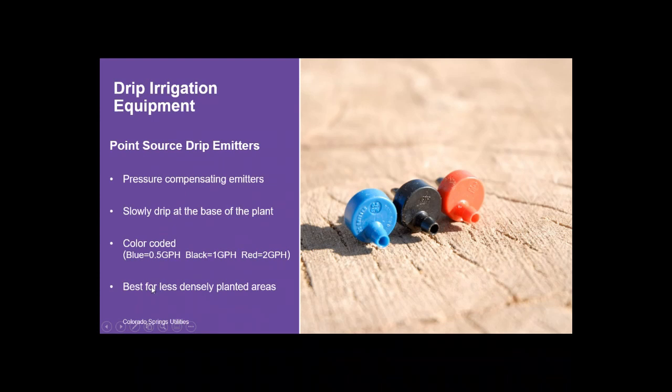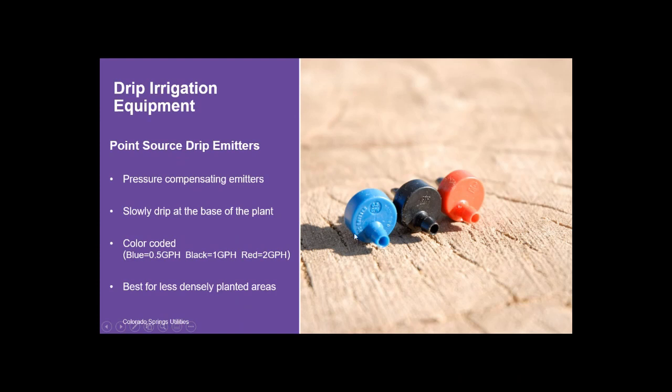Point source drip is best for less densely planted areas. So if it's a sparsely planted area or shrubs, that's really where point source drip irrigation comes into play with these different emitters. This is also where we can apply different amounts of water within the same zone to plants that have different water needs.